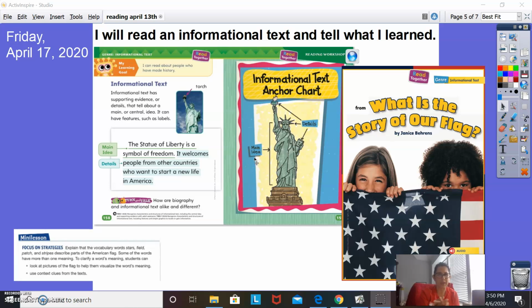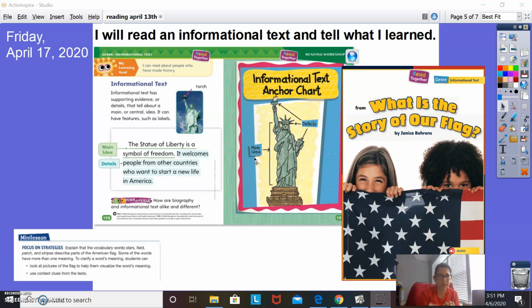So we're going to go ahead and begin. Before we start, there are a few words that I want to review with you. We're going to see the word stars, field, patch, and stripes. And it all describes the parts of the American flag.